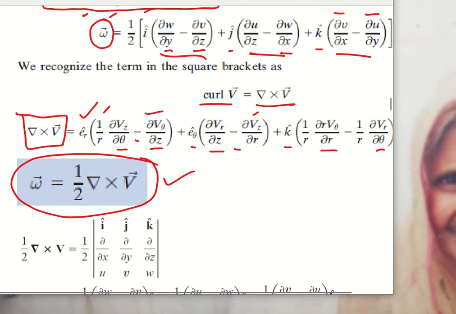We have not done this derivation, but we are writing it in this format for a polar coordinate system.